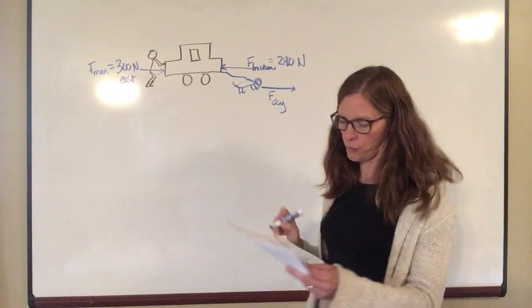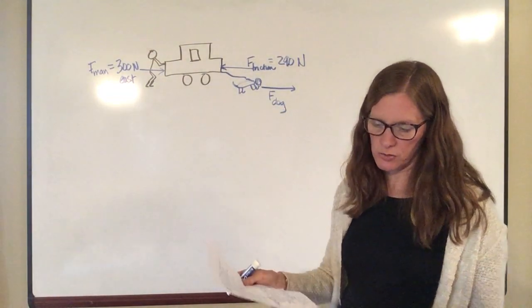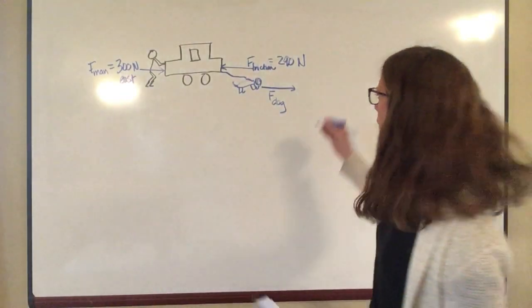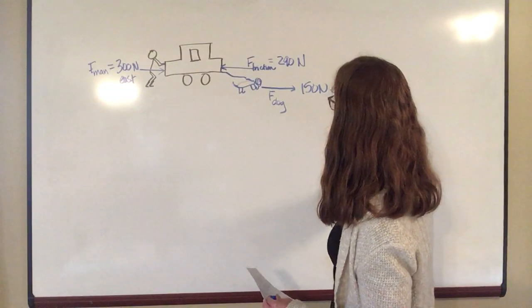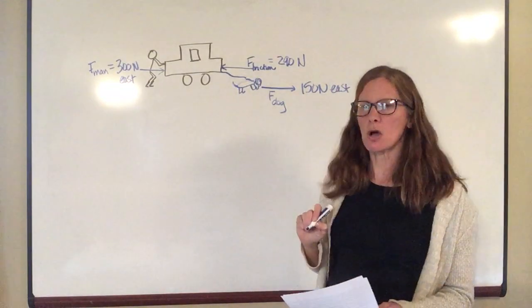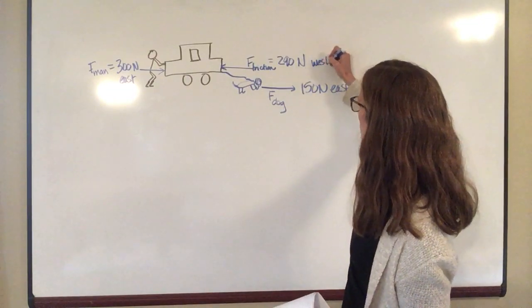It's a happy dog, he's wagging his tail. And so the force of the dog, let's say that it's a nice big strong dog, and so the dog is able to apply 150 newtons to the east. And so that ought to help him out substantially, right? Because this friction force is to the west.